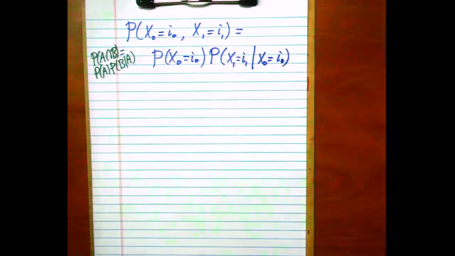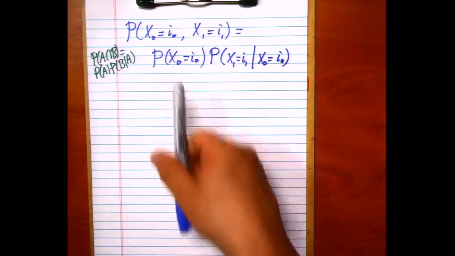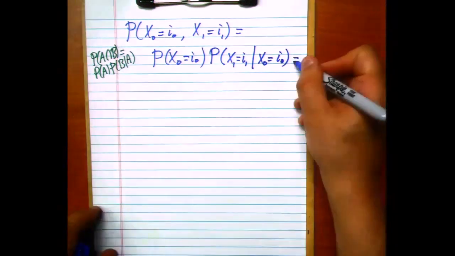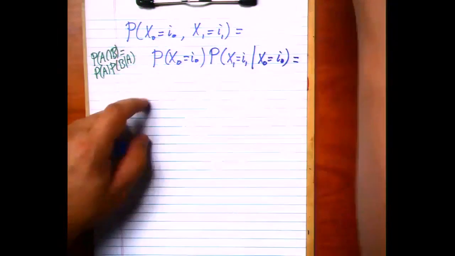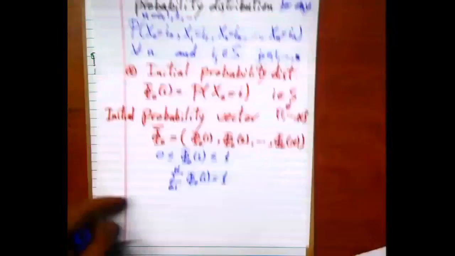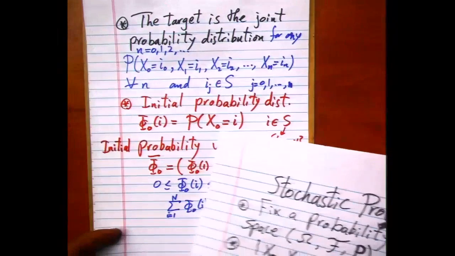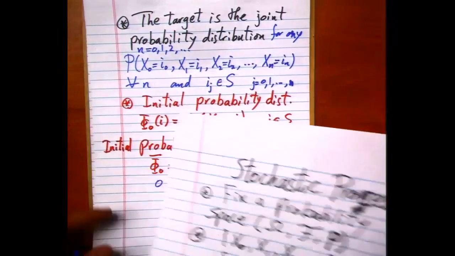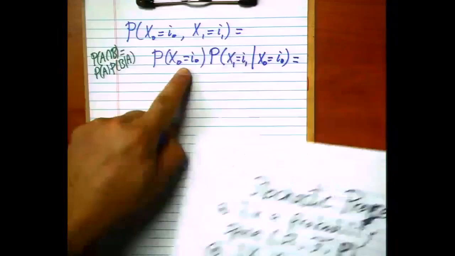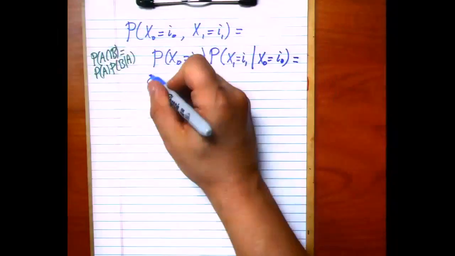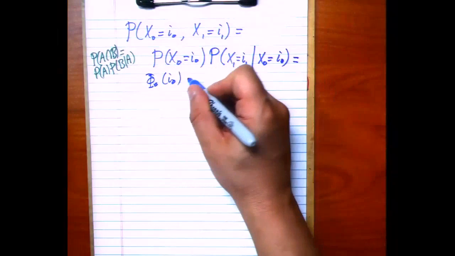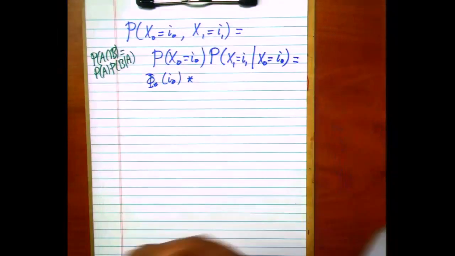And the first term is nothing but the initial distribution. This is what I defined here as the initial distribution. The probability that x0 is I0 would be phi0 of I0. So this will be phi0 of I0 times this conditional probability.